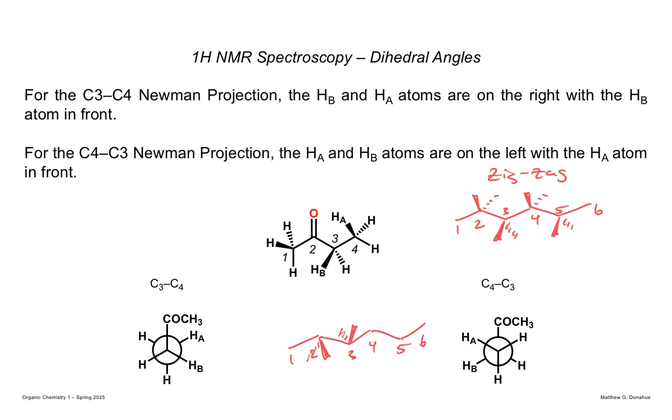So on the chain, carbons that are up, substituents are up. Carbons that are down, substituents are down. And then whether they're up or down, you have something pointing towards you and something away from you. Any questions?